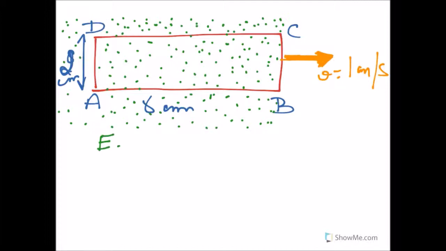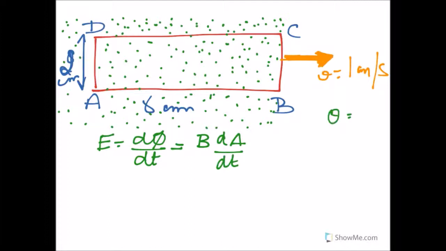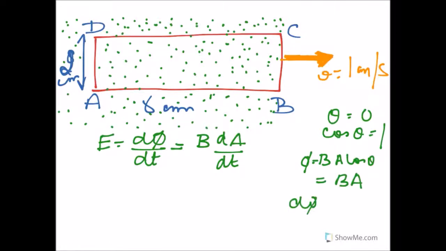So again, induced EMF is nothing but dφ/dt, which is equal to B into dA/dt. Again, theta is equal to 0, cos theta is equal to 1. So phi is equal to BA cos theta, which is equal to BA. dφ/dt is equal to B into dA/dt.